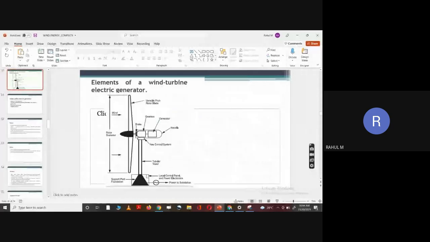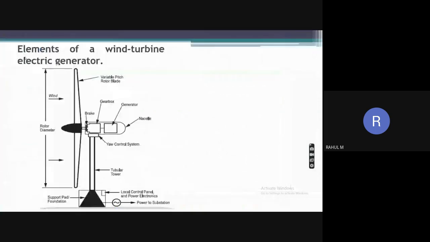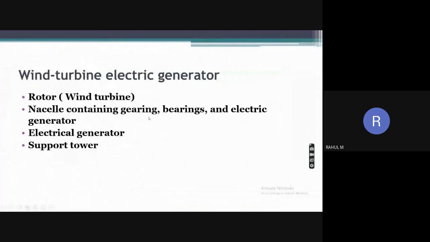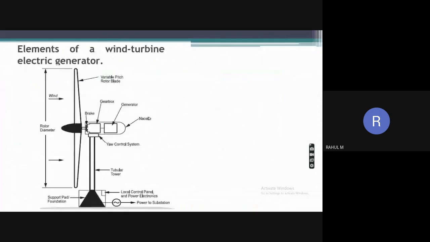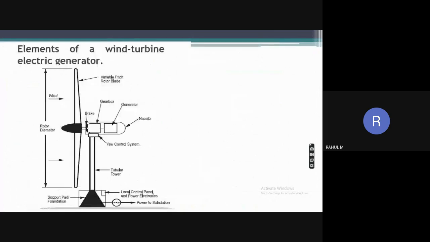Okay, so continue with the topic. So we have completed the very basic components related to the wind turbine. We have already seen the main components.